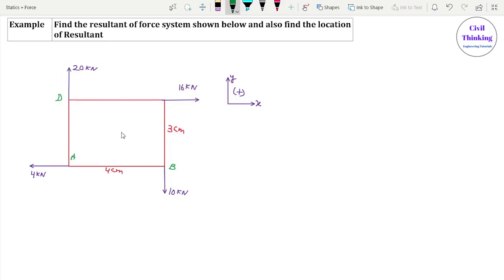Also, they are not at the same point. This 20 kilonewton is at point D, this 4 kilonewton is at point A, 10 kilonewton is at point B, and let us say this point is C. 16 kilonewton is at point C, right? They are not at the same point, which means they are not concurrent.